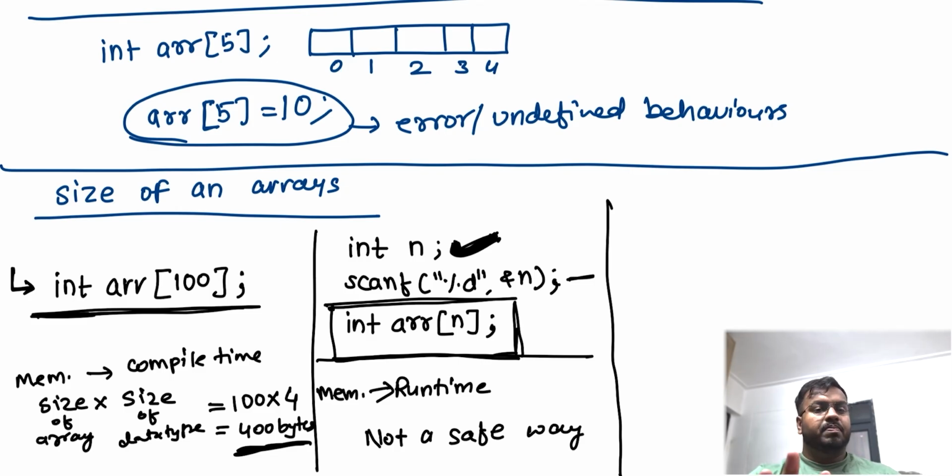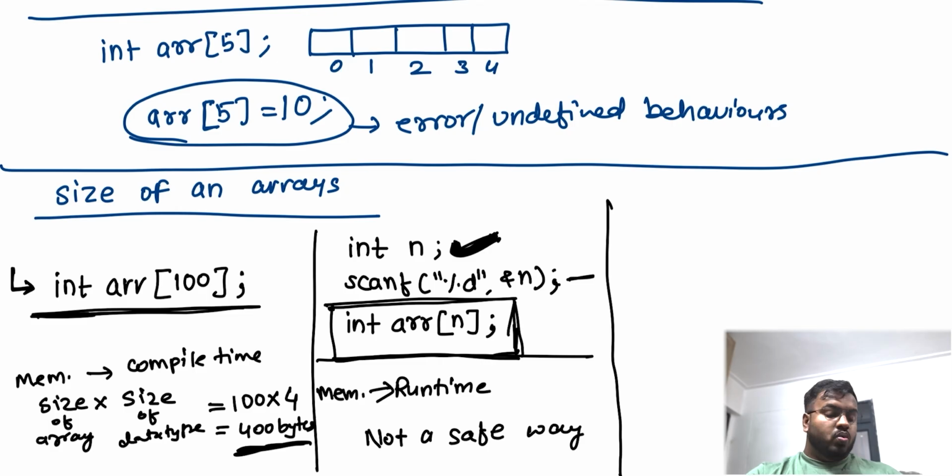So the compiler becomes a little bit confused about what value it should keep as the size of the array. There is a little bit of confusion for the compiler, and that's why it is not considered a safe way.